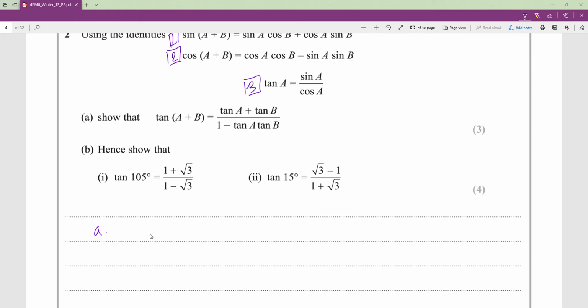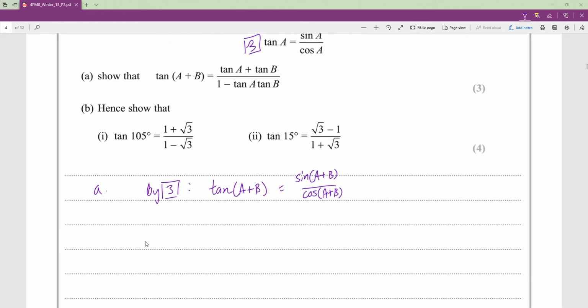So by identity 3, tan A plus B is equal to sine A plus B over cosine A plus B. And then by identity 1, sorry, I should have written down what time this question started. It was about 9 minutes 30, I'd say.